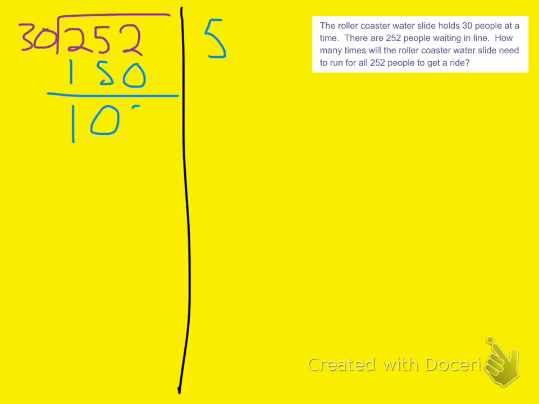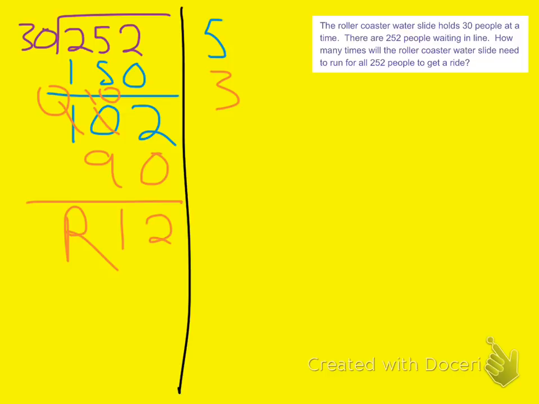So I can go ahead and subtract. I'm left with 102. I know that 30 can go into 102 3 times. 3 times 30 is 90. If I subtract that, then I'm left with 12. So right now my remainder is 12. If I go over here and I add, I have 8 as my whole, remainder 12.